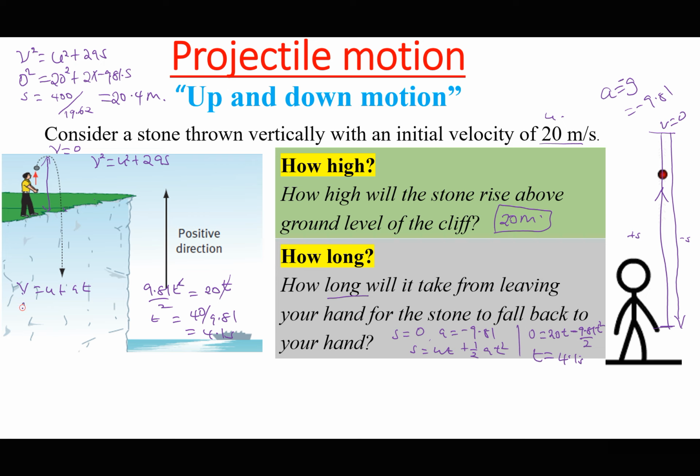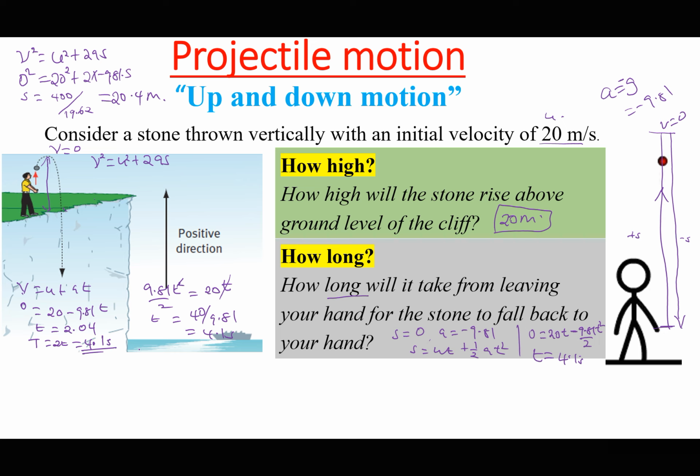So at the highest point, v is 0, initial velocity is 20, minus 9.81 times t, so t is 20 divided by 9.81, which is about 2.04. Then I multiply this by 2. So the total time to go and come back is twice t, which is 2.04 times 2, which is 4.08, approximately 4.1 seconds. It gives us the same thing.